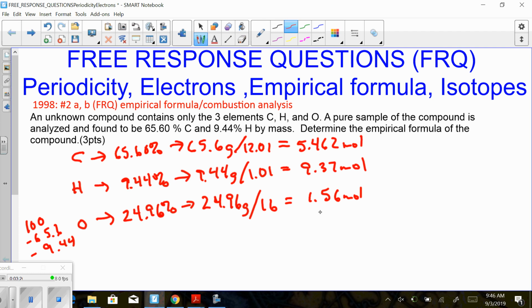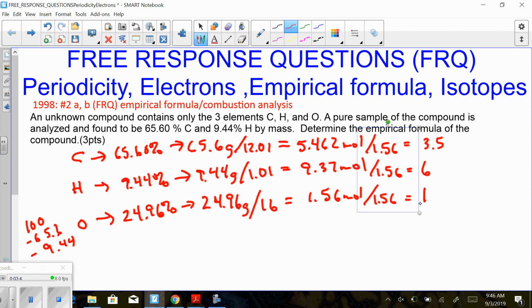Now we have the number of moles, and if we want to know the ratio, pick the smallest number and divide all of those by that number, and that gives us a ratio that's a little bit easier to compare. The bottom one is 1. So for every 1 oxygen, we will have 6 hydrogen, and we will have 3.5 carbon.